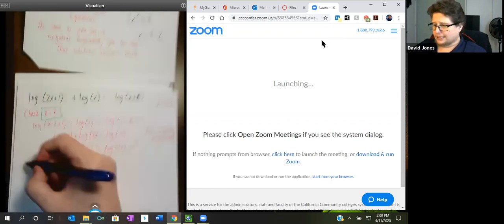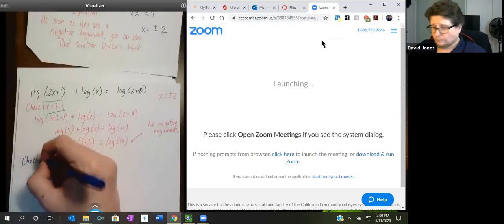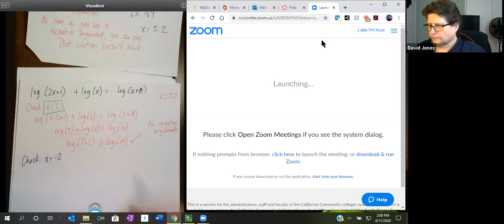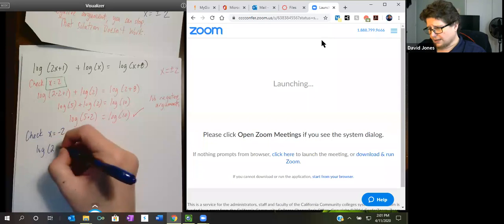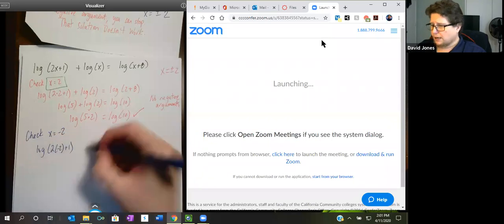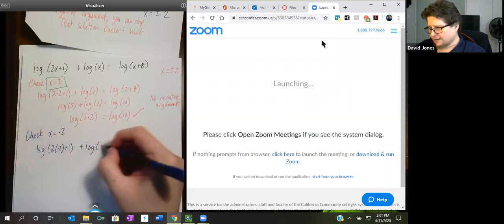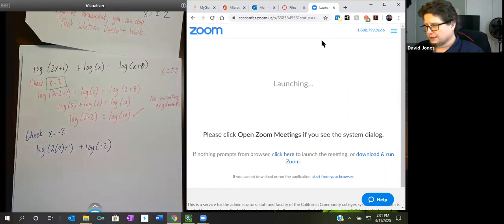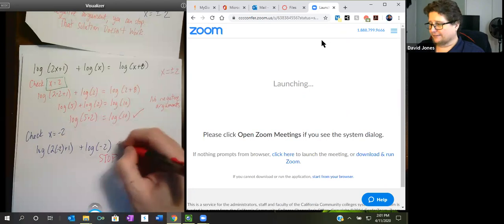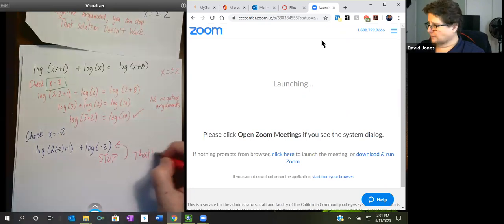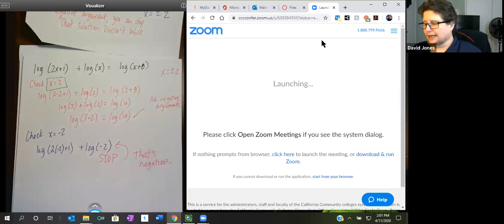Now we'll check x equals negative 2. Log of 2 times negative 2 plus 1 plus log of negative 2, stop. That's negative. I see it's negative already.